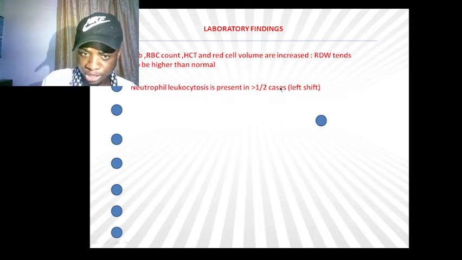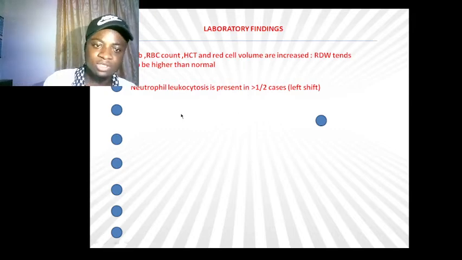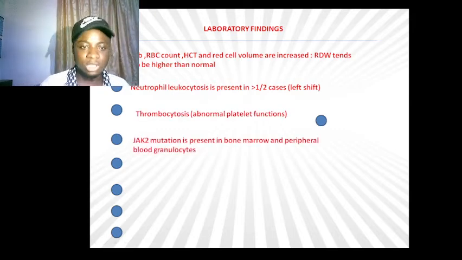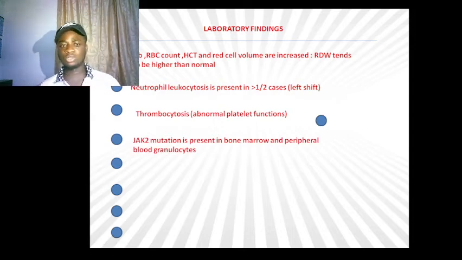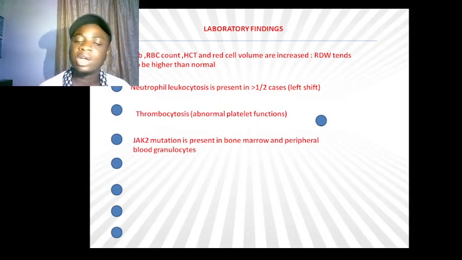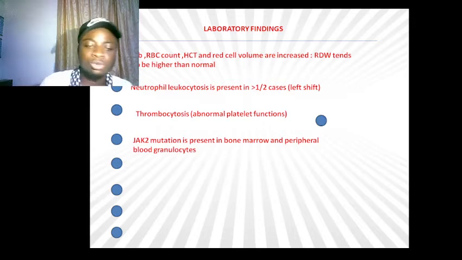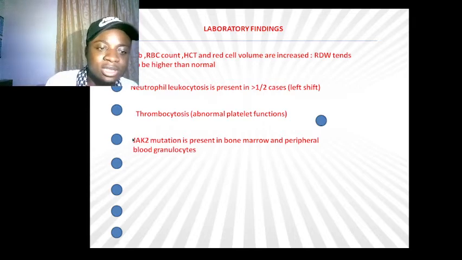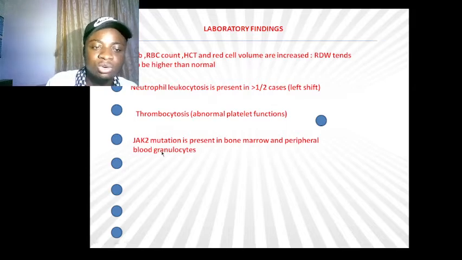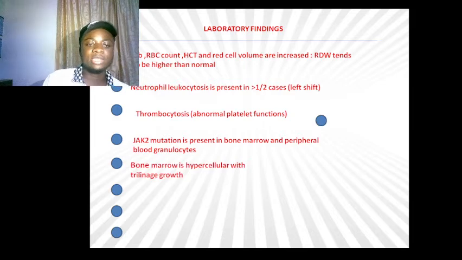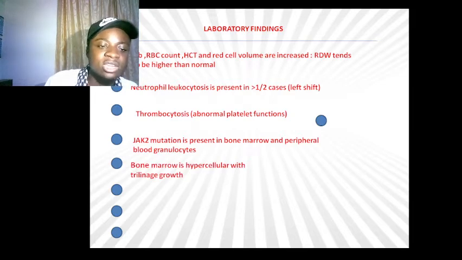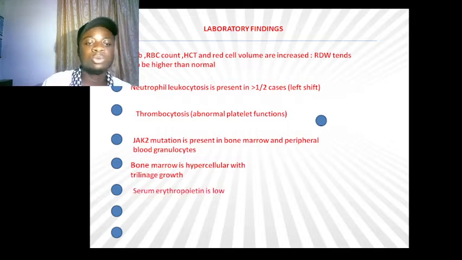In one of two cases, you will see neutrophil leukocytosis with a left shift. Then thrombocytosis, that is abnormal platelet function. Abnormal platelet function leads to thrombocytosis, and of course the JAK2 mutation is present in bone marrow and peripheral blood granulocytes. Bone marrow is hypercellular with trilineage growth, and serum erythropoietin is low.